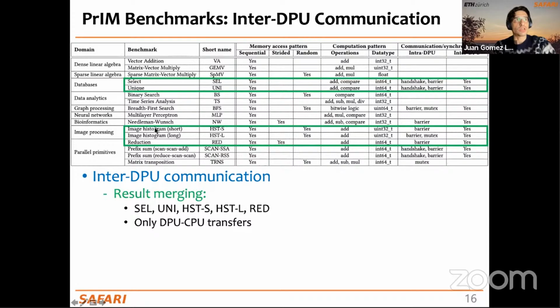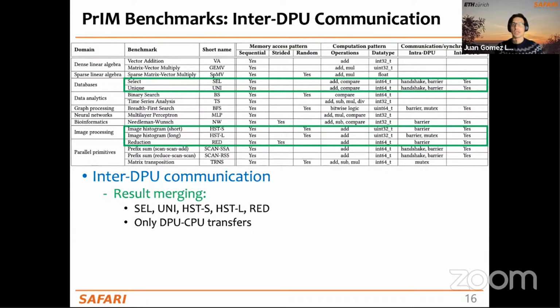If we are generating a partial histogram in each of the DPUs, in the end we want to gather all these subhistograms, bring them to the CPU, and perform the final reduction of these partial subhistograms in the CPU.